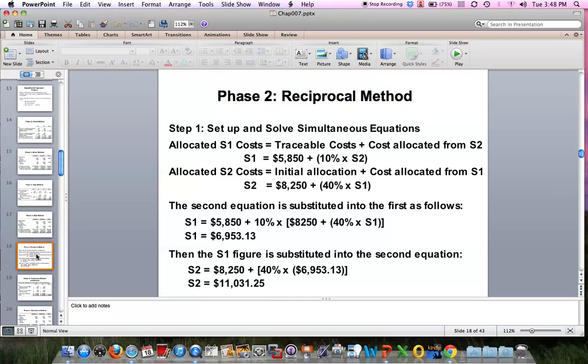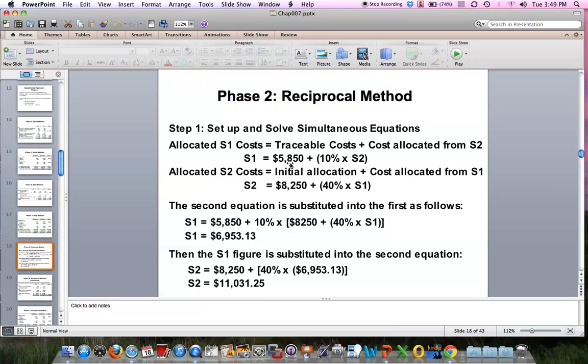So step 1 is to set up and solve simultaneous equations. We have an equation for S1 and for S2. For service 1 cost, it's the traceable cost, the direct stuff, plus cost allocated from S2. Those are the total costs that will be in S1. We know the traceable is 5,850. That's been given to us. Plus, we found out earlier that service 2 provides 10% of its costs to service 1.